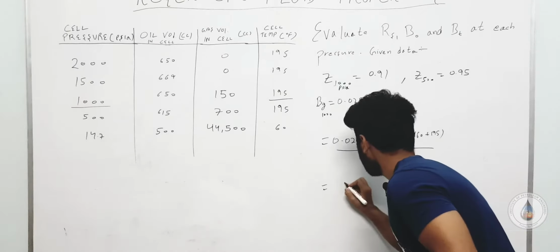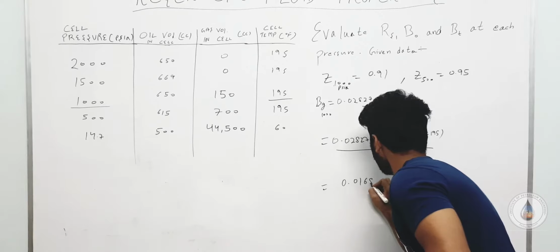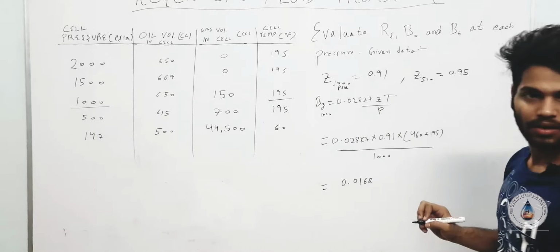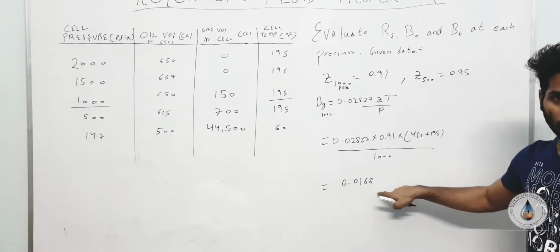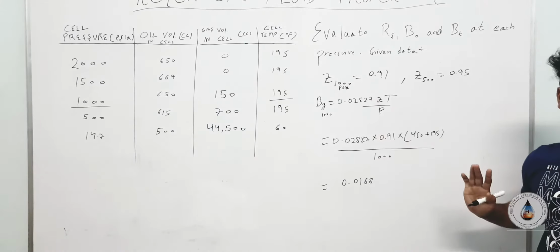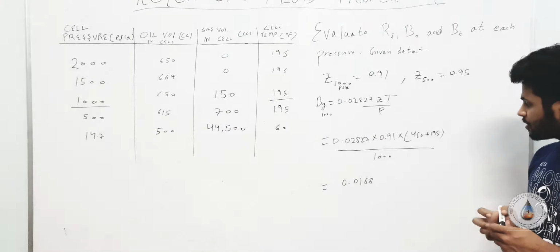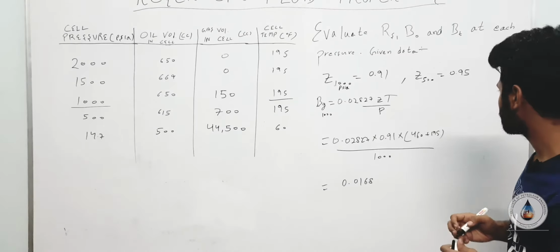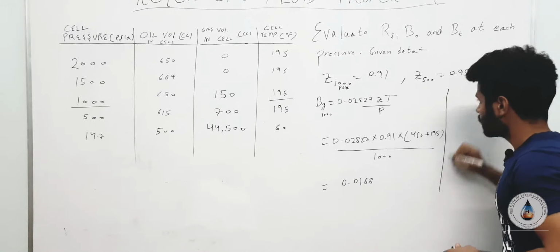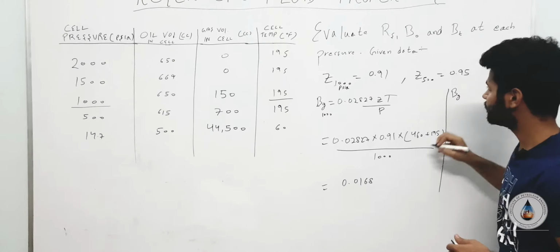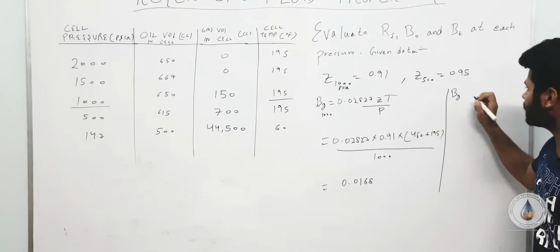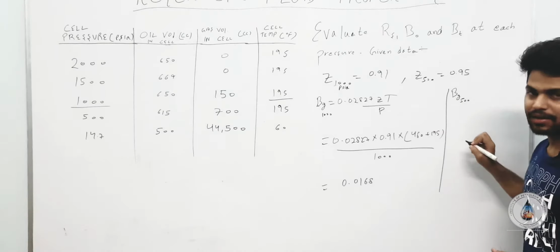so I'll get 0.0168. Okay, this particular value of Bg is at my 1000 psia. Now similarly I'll calculate value of Bg at 500 psia.